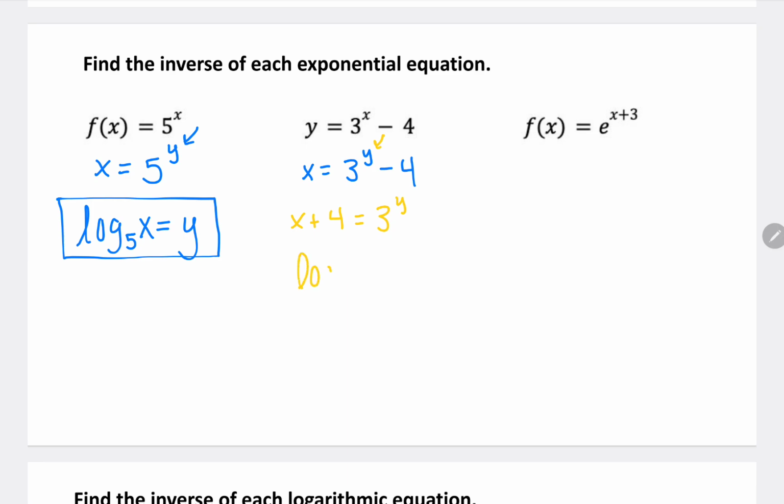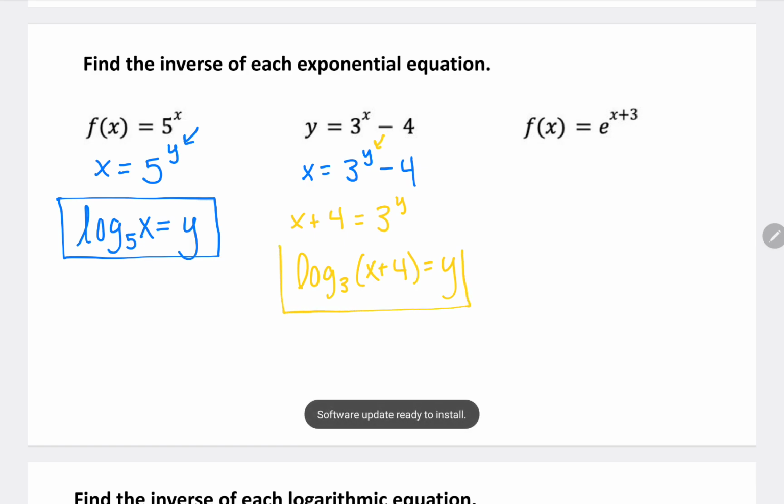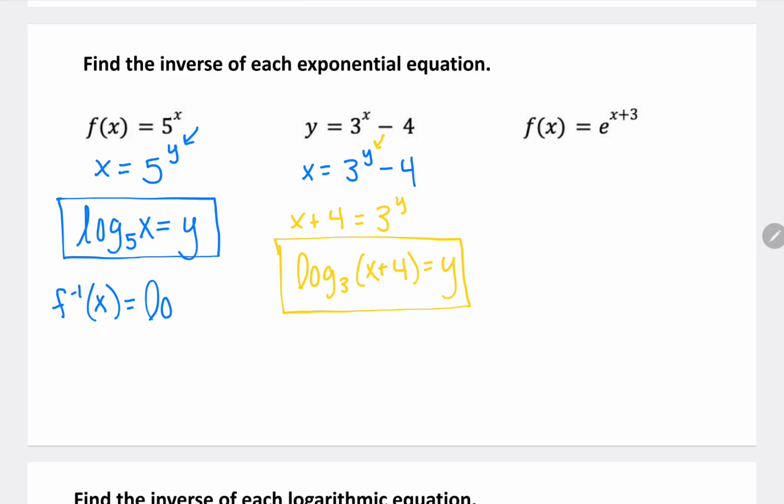So log base 3 of x plus 4 equals the exponent y. And hey, y is by itself, so this is the inverse function. And I could write this like an actual inverse. So if f was 5 to the power of x, the inverse of f is log base 5 of x, if I was being real official. But right now I'm just trying to isolate the y.